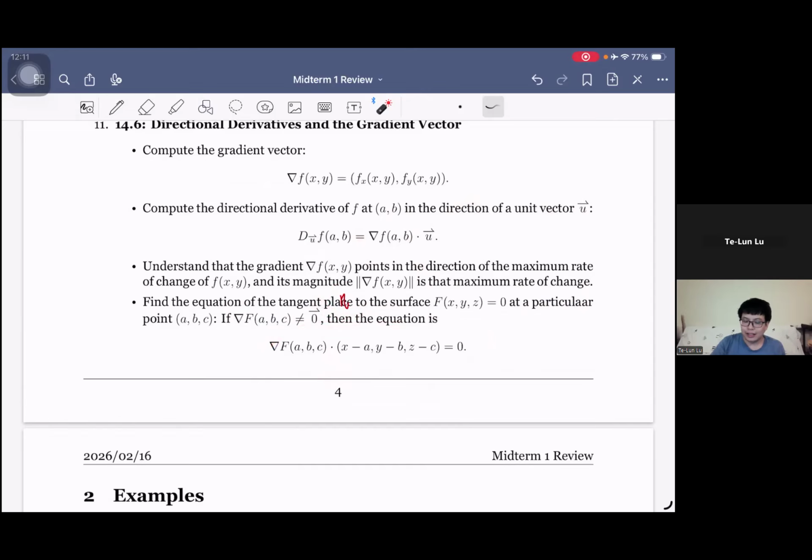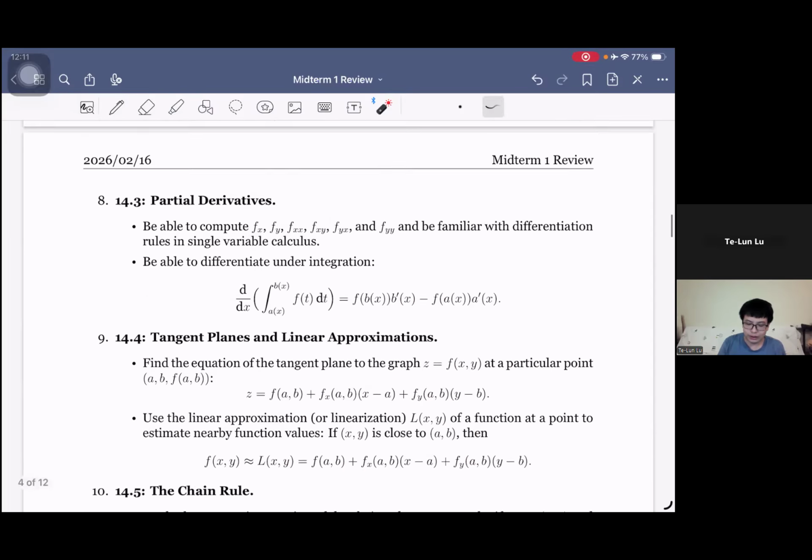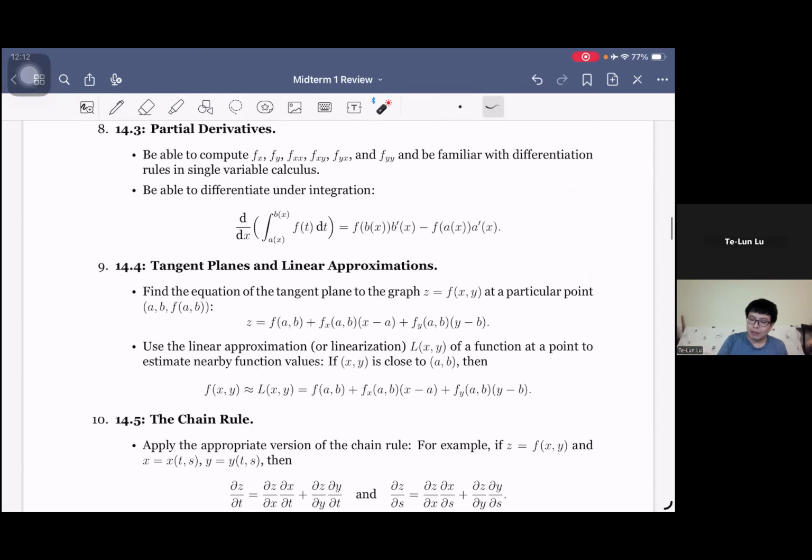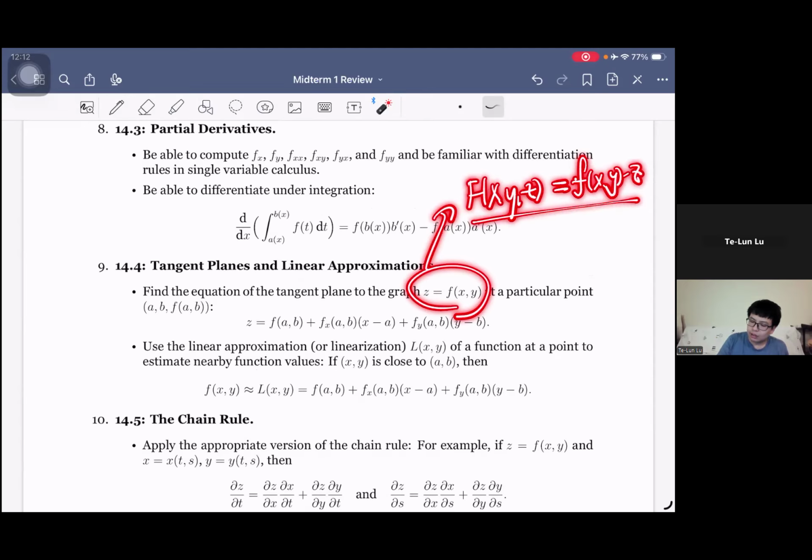So basically, this is saying that this is a normal vector to the surface at the point (a, b, c), right? So this actually generalizes what we have done here. So let's go back here. This can be understood by this equation, right? If we set f(x, y, z) to be, say, f(x, y) minus z, then this graph is basically f(x, y, z) = 0, right?